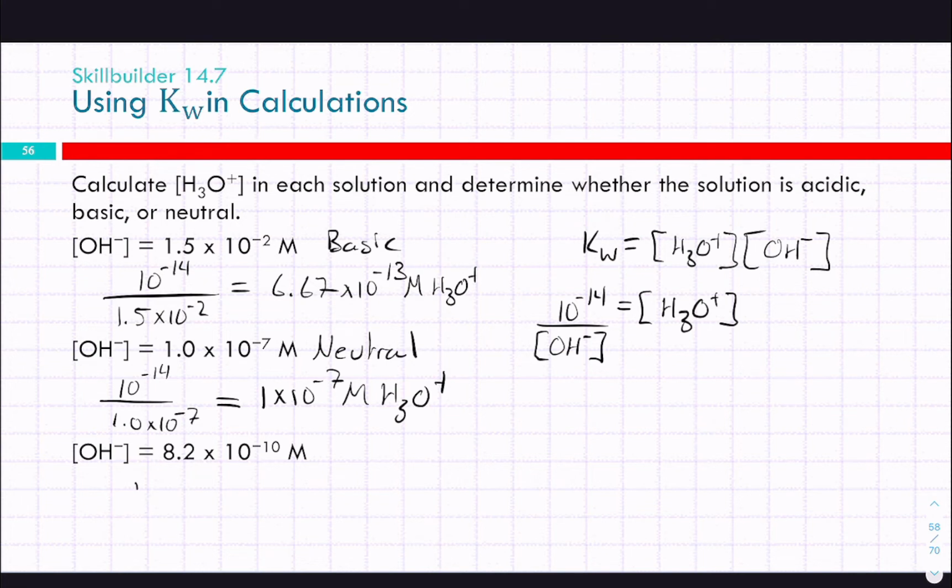And for this last one, again, 10 to the negative 14 over 8.2 times 10 to the negative 10.